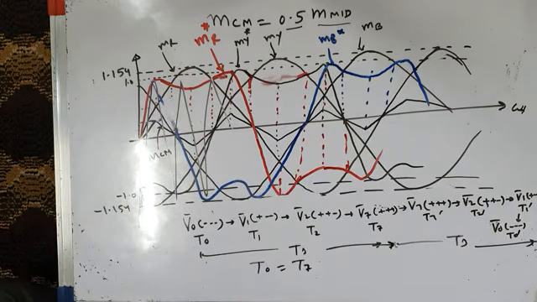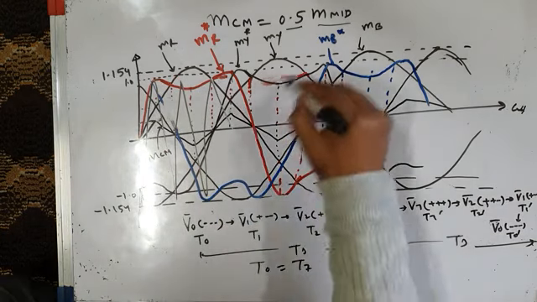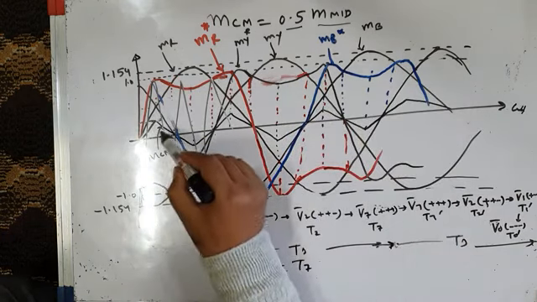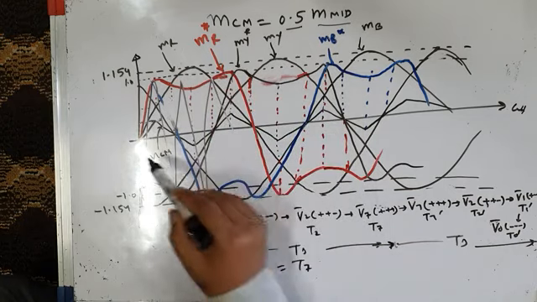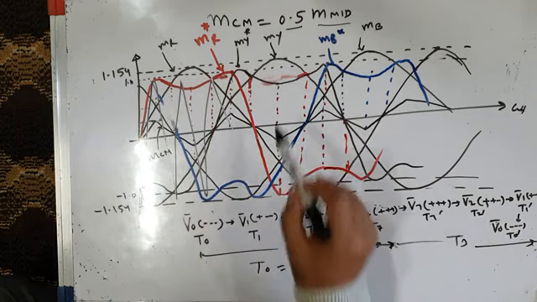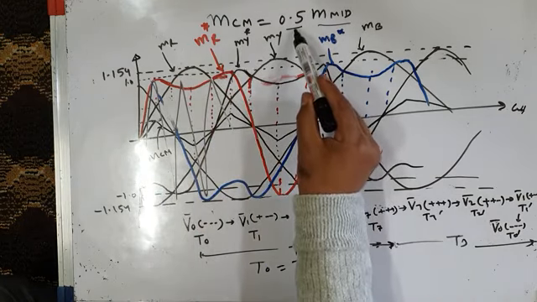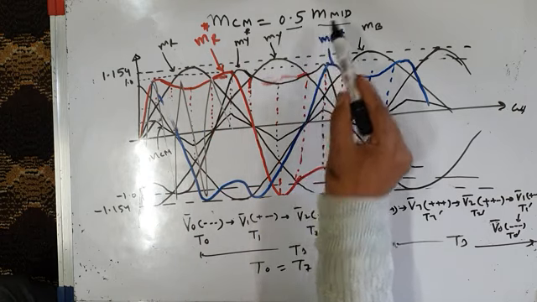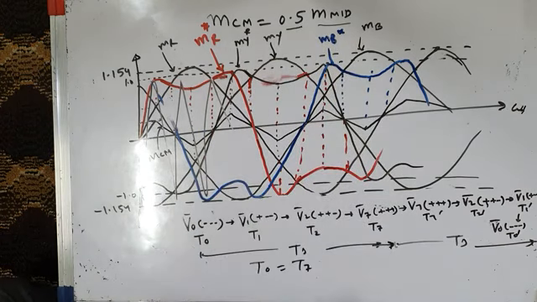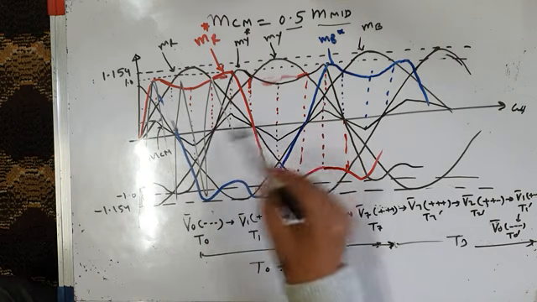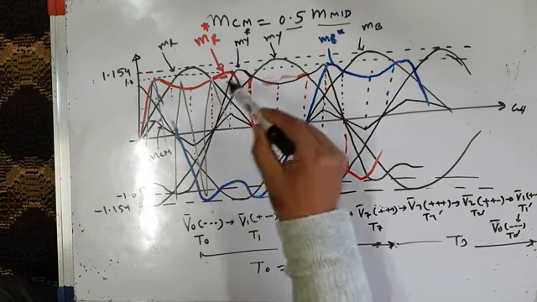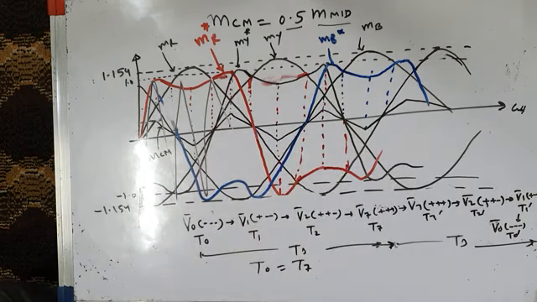These are modified modulating waves, MR star, MY star, and MB star, which we got by adding to original modulating waves a common mode signal MCM. And that MCM was calculated by using this method, 0.5 M mid in each 30-degree interval. When we added this MCM to original modulating waves, the modified modulating waves were generated, and that gave us the same switching sequence with T0 equal to T7 also, which is the case with space vector PWM.